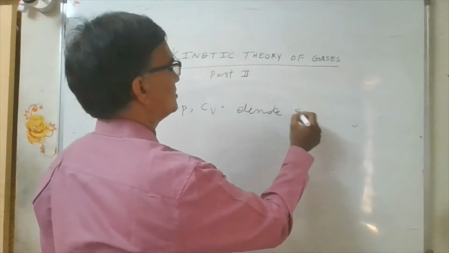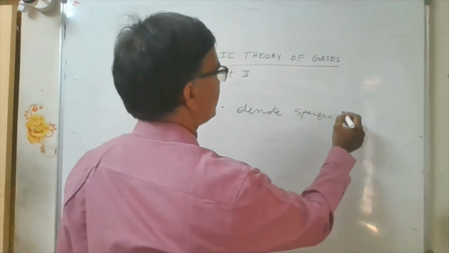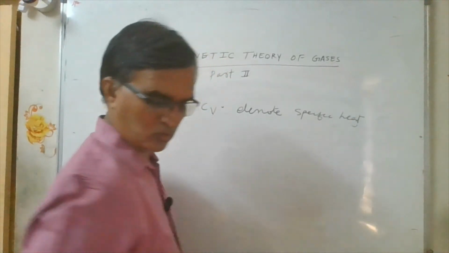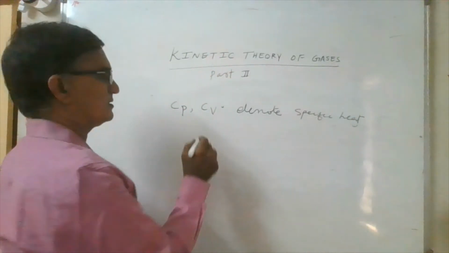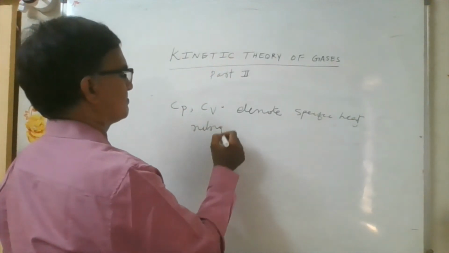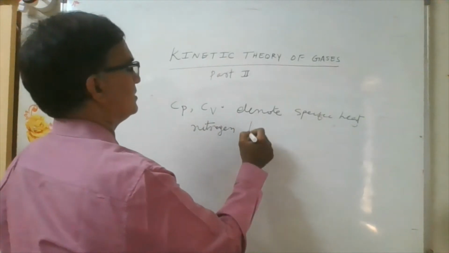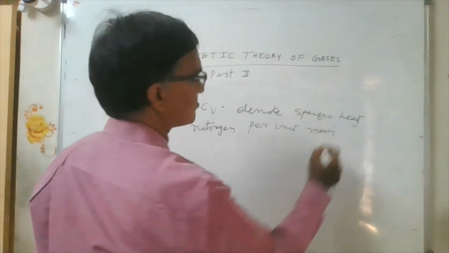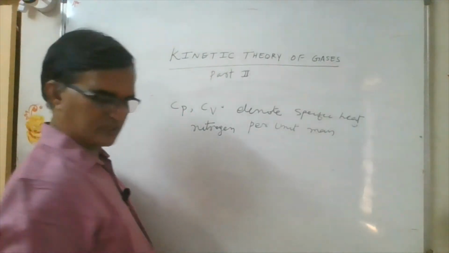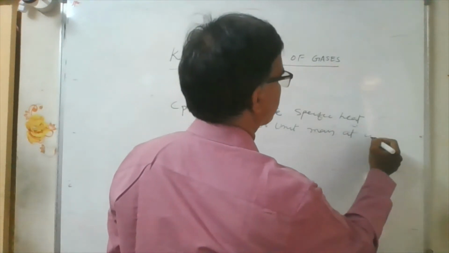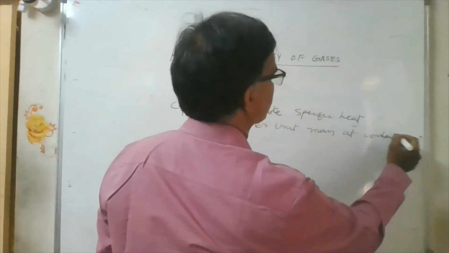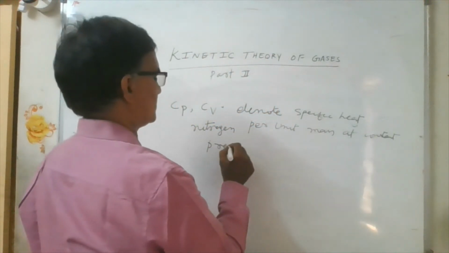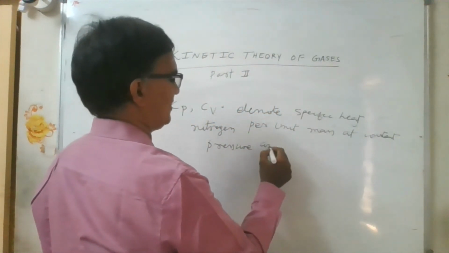Denote specific heat of nitrogen per unit mass at constant pressure and constant volume.